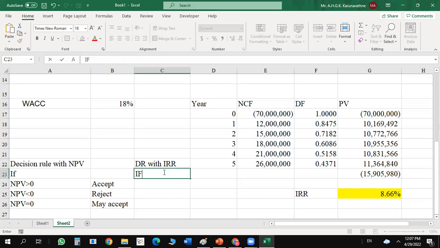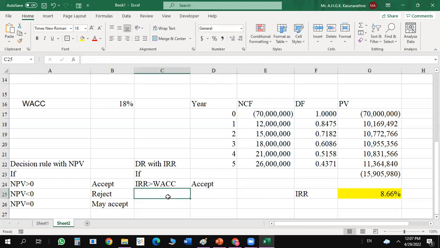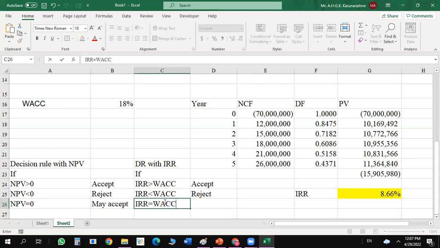If IRR is greater than WACC, or the project cost of capital, then we say accept. If IRR is less than WACC, then we say reject. If IRR is equal to WACC, we say may accept.